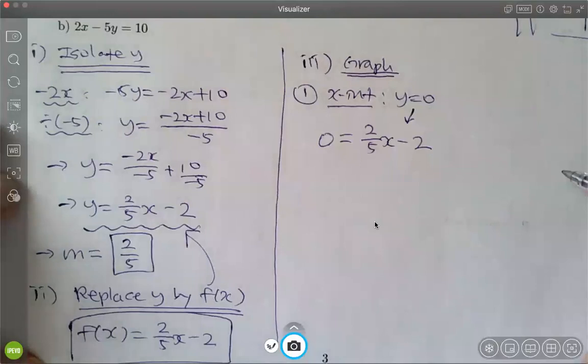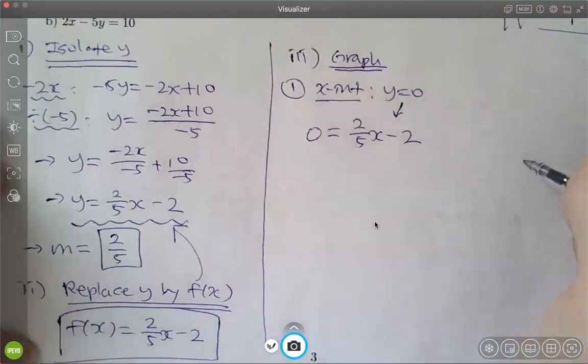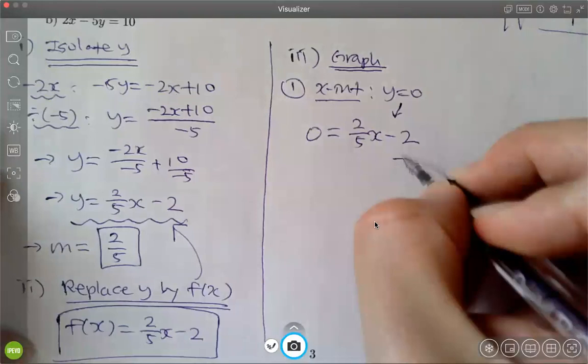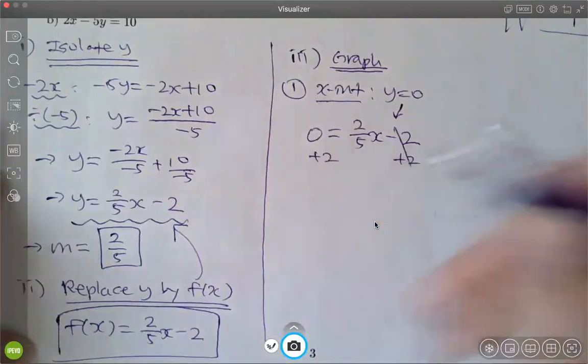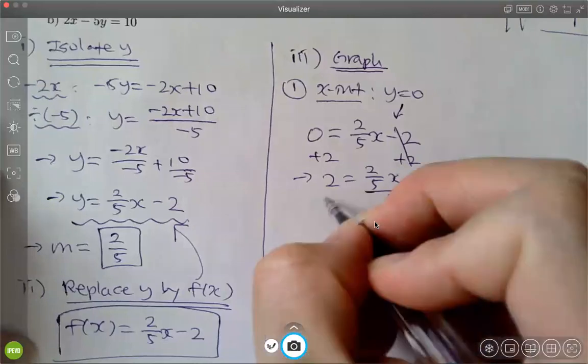Okay, and now how do you solve for x from here? Add 2. And divide by 2/5, right, divide by 2/5.